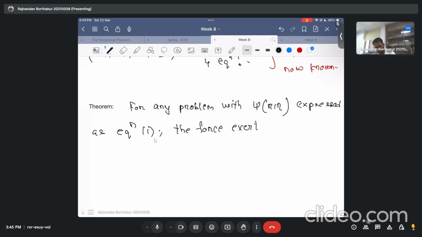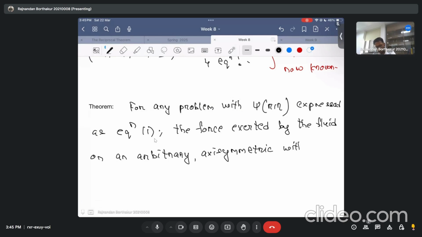exerted by the fluid on an arbitrary axisymmetric body with its center of mass at x bar equals 0, meaning that your center of mass lies in the origin, which is of course the case because our axis was fixed to the particle center, and the center of mass indeed lies at the origin for that sphere.